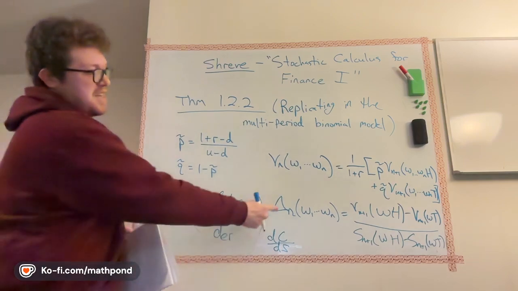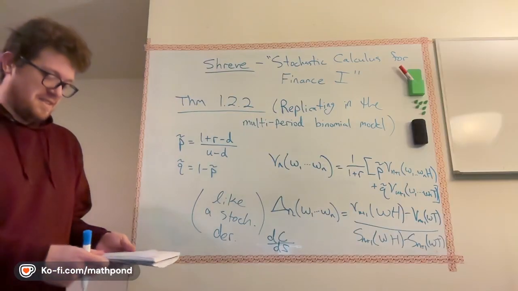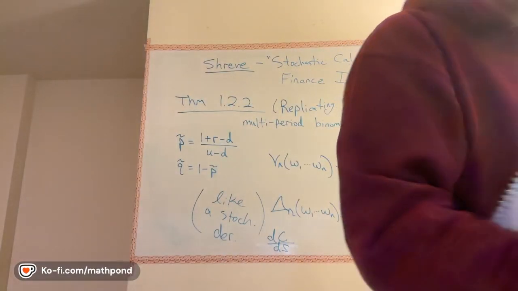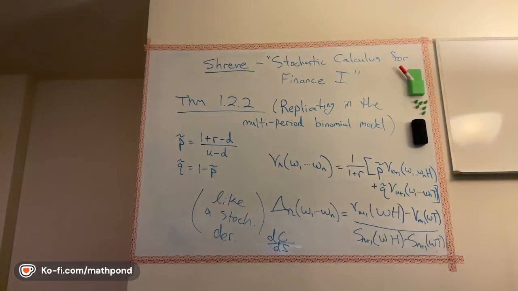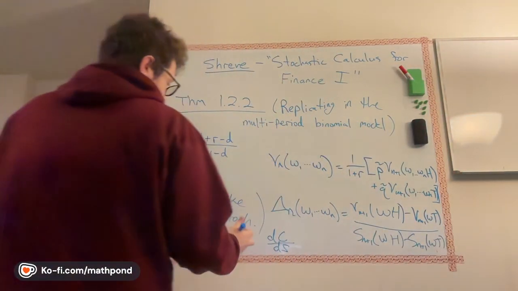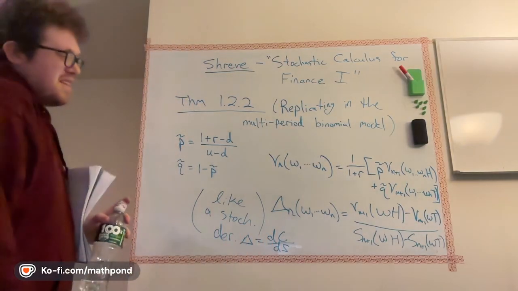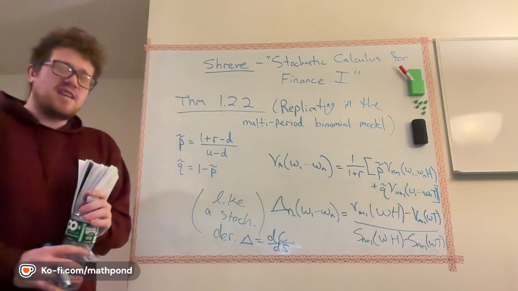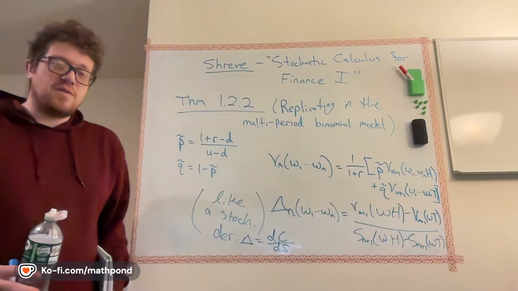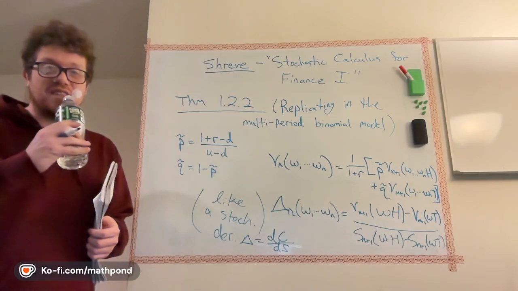I guess they all have Greek letters, right? So yeah, this is like delta, I believe. I think there's like 6 of them, if I'm not mistaken, but delta is usually the most common. There's another really common one. I guess they call them the Greeks in finance.